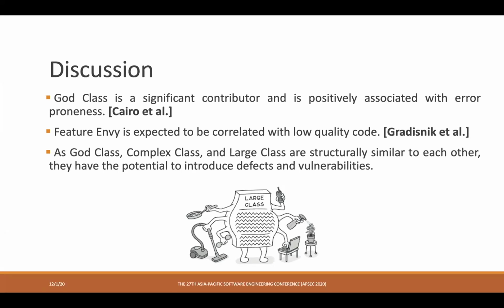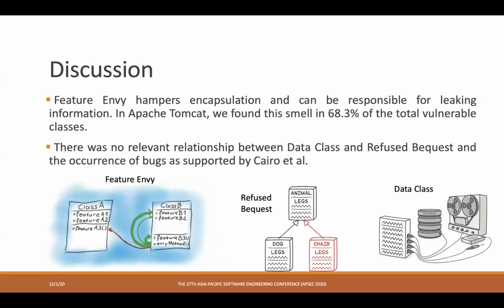We also found a relation of feature envy with software vulnerability, which is also supported by another work by Gradisnik et al. In their study, they found that feature envy is expected to be correlated with low quality code. So this conclusion supports our claim.